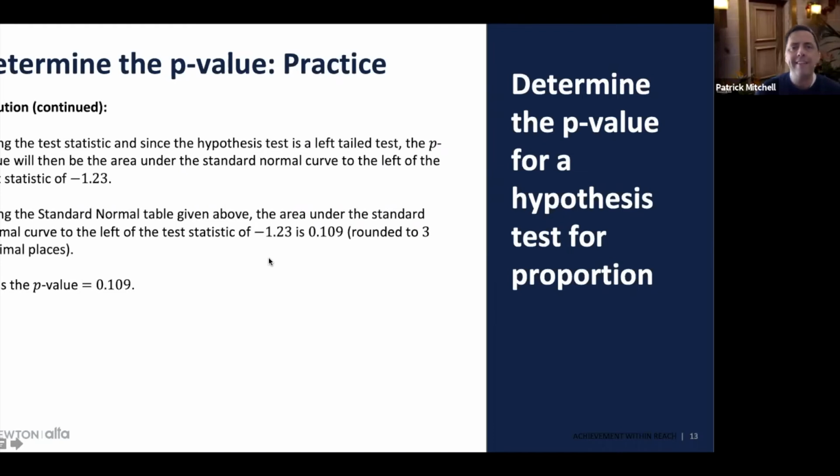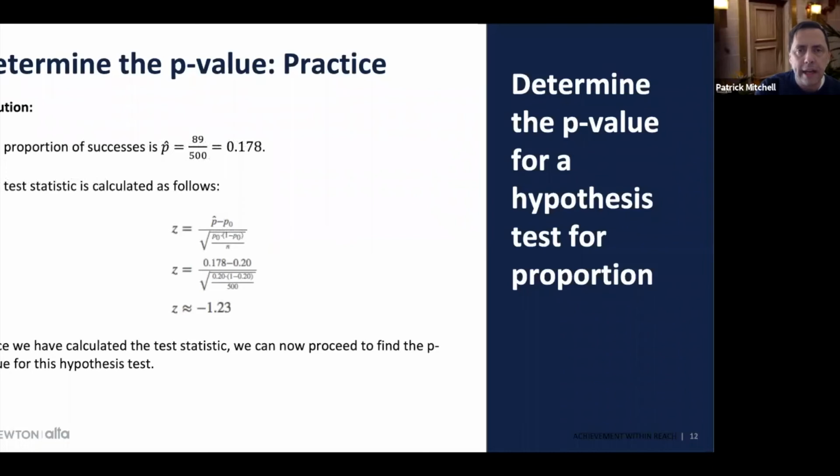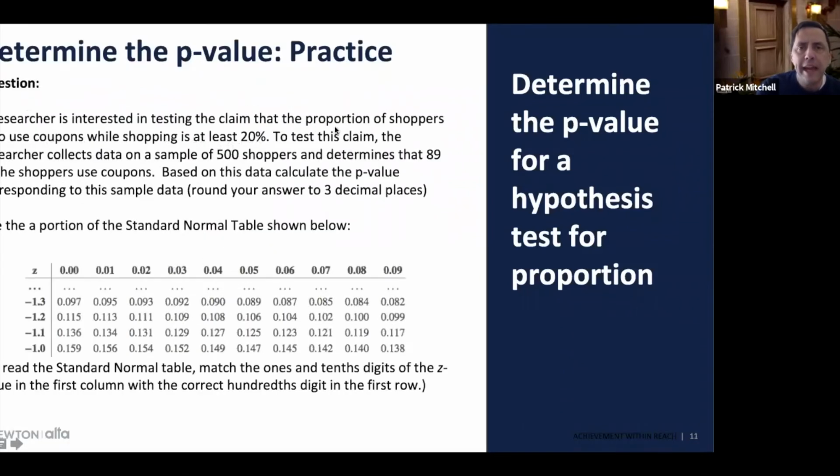Using the test statistic, and since the hypothesis test is a left-tailed test, I want to take a moment to explain why this is a left-tailed test. We're going to have a very similar example a little later. Notice that the claim is that the proportion of shoppers who use coupons is at least 20%. Now, at least means greater than or equal to. So the opposite claim would be that the proportion of shoppers who use coupons is less than 20%.